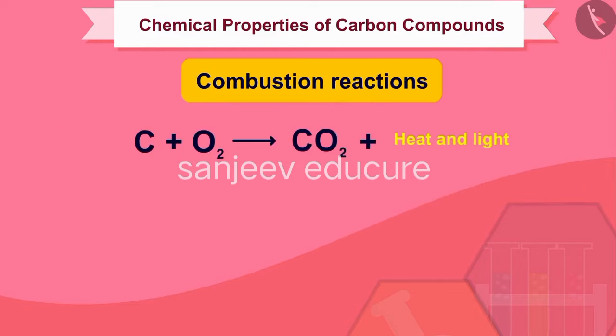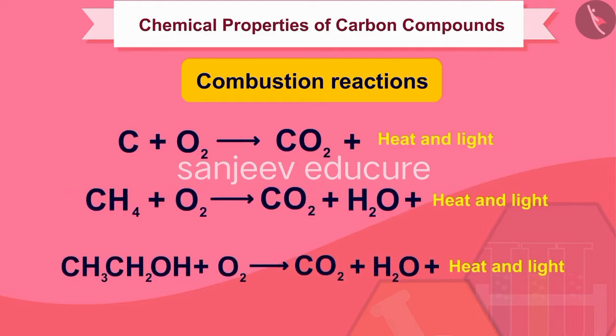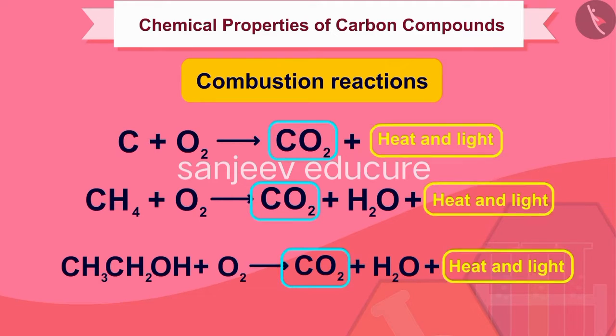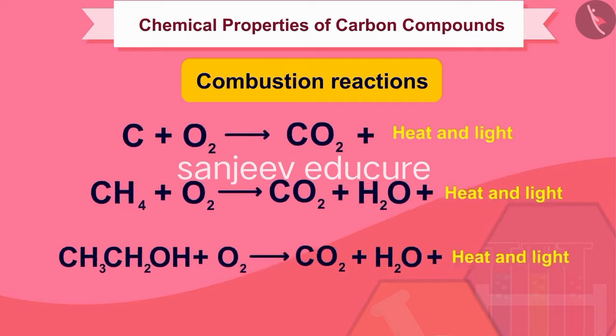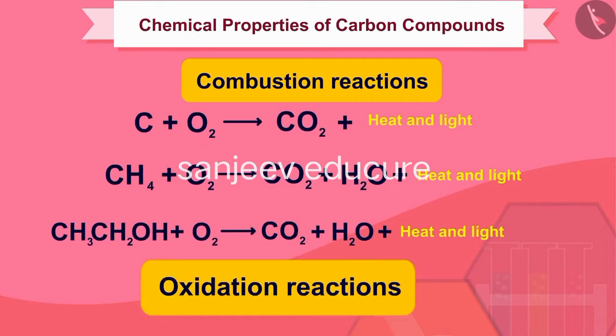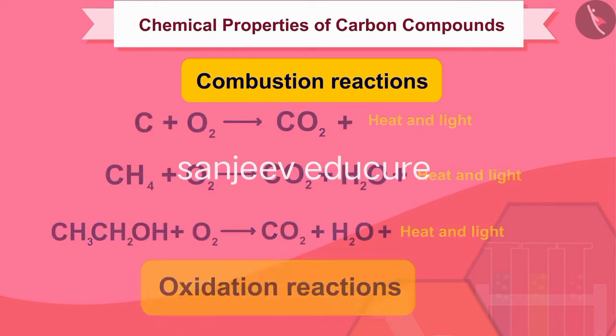Carbon, in all its allotropic forms, burns in oxygen to give carbon dioxide along with the release of heat and light. Most carbon compounds also release a large amount of heat and light on burning. These are the oxidation reactions.